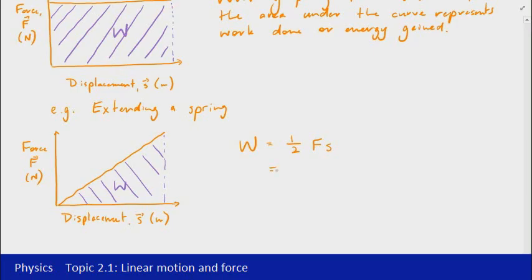And so let's say the force that we applied was 5 newtons, and this distance across the bottom was say 0.1, then the equation there would be half times 5.0 times 0.1, which would give us a total of 0.25 joules.